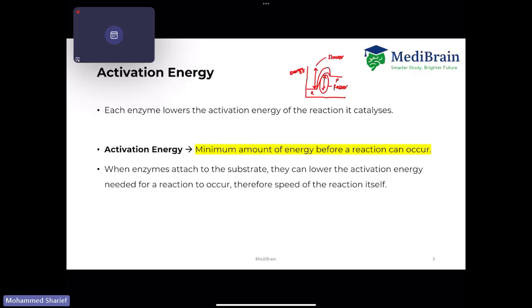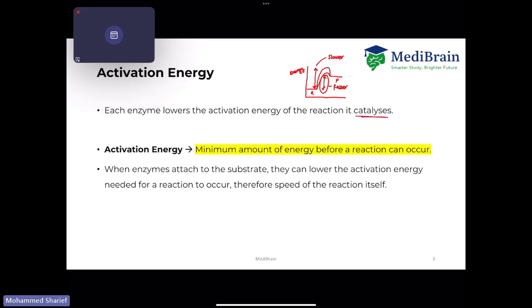Before we actually dive into enzymes, it's really important that you understand what activation energy is. It's a concept you would have looked at in GCSE, but we're just recapping here at A level. The main things that you need to take away from this slide is that the activation energy is the amount of energy required for a reaction to take place. And enzymes act as catalysts.